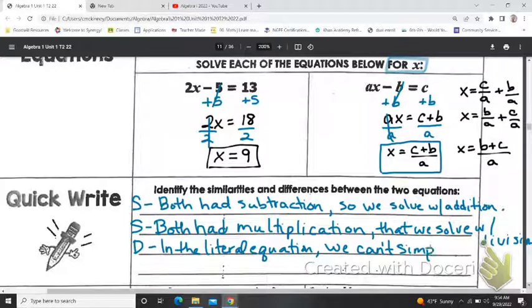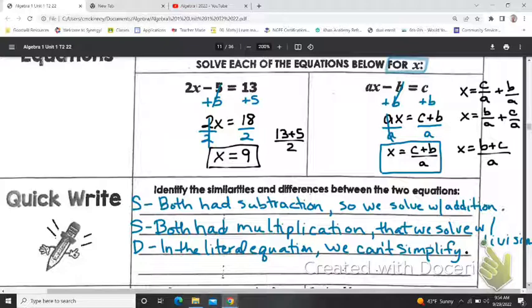We can't just do the math. So I could have written the other one as 13 plus 5 all over 2, right? So keep in mind that this answer means the same as if I wrote that, but we wouldn't leave it that way. We simplify it, and we simplify it along the way.